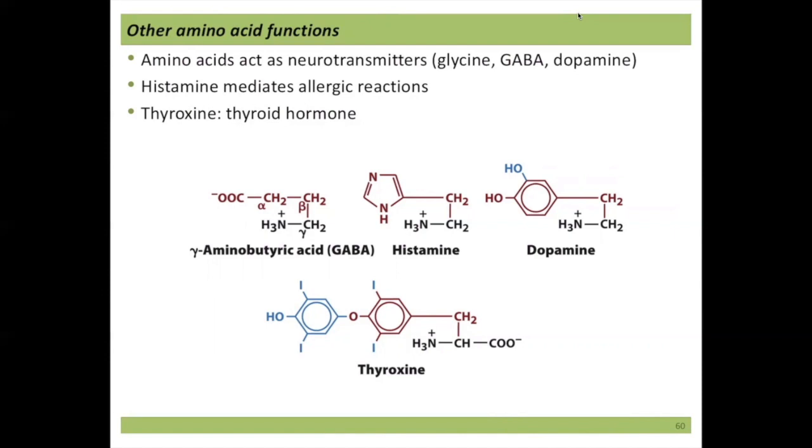And this causes mast cell degranulation and other issues that give rise to the symptoms of allergies. Dopamine is derived from tyrosine, and thyroxine is also derived from tyrosine. So our body actually takes amino acids and makes hormones out of them.